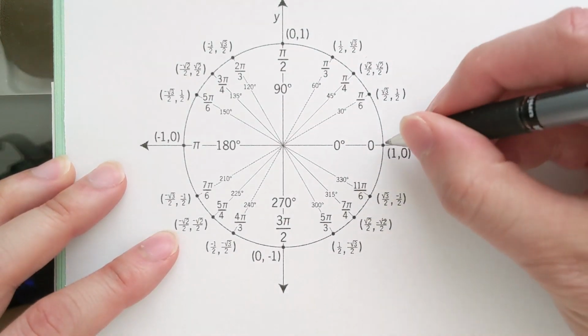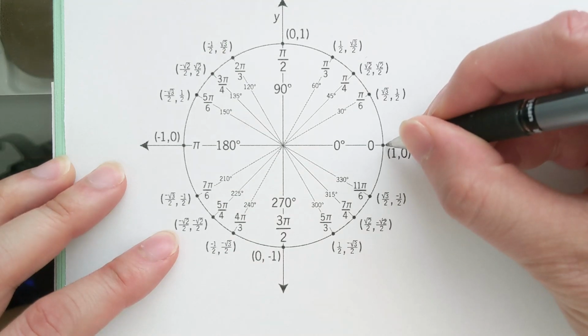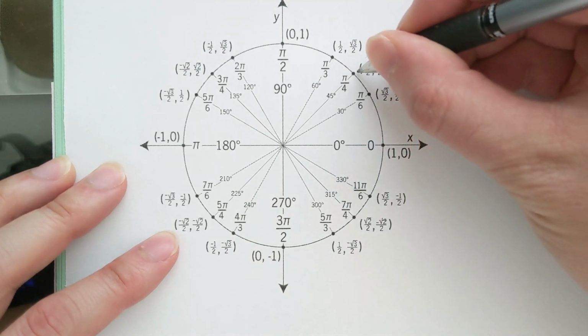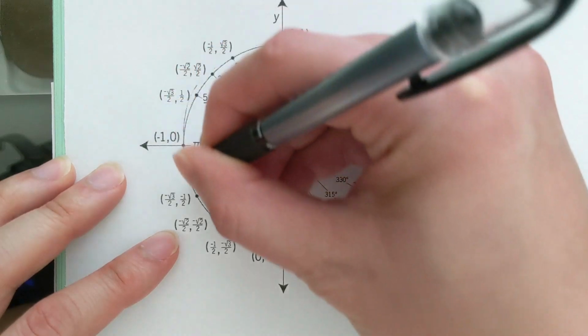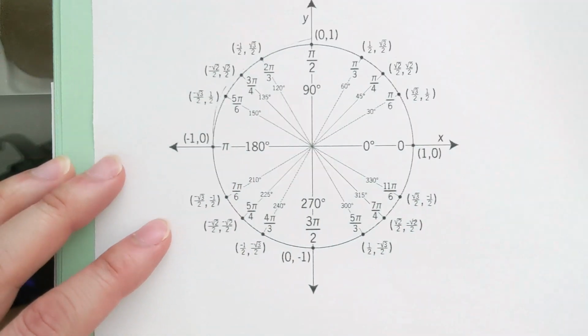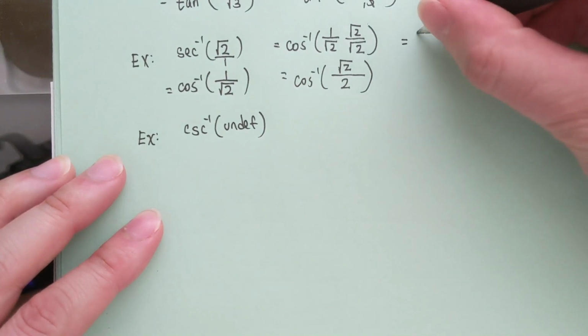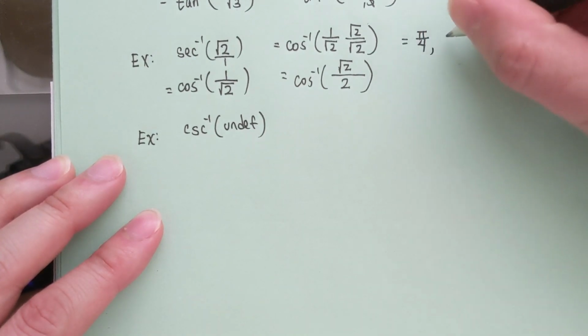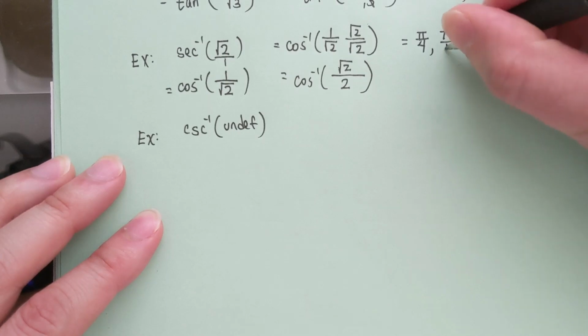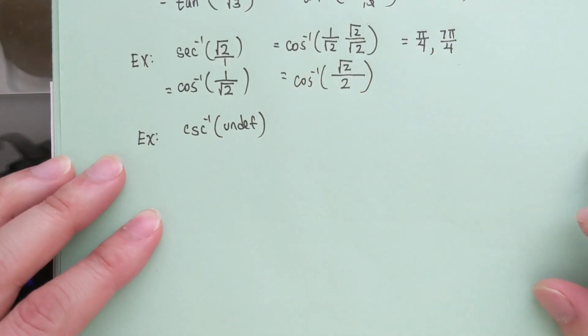And as usual, we start from the least to greatest, so we start at 0 here. Going counterclockwise, we'll hit pi over 4 first, and we'll eventually hit 7 pi over 4. And that's why the answer to this question is pi over 4 followed by 7 pi over 4 in a complete rotation.